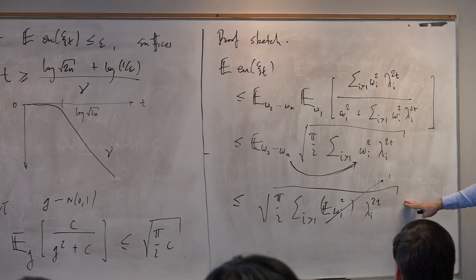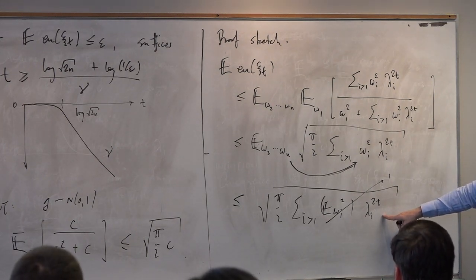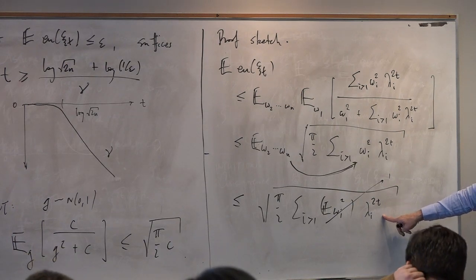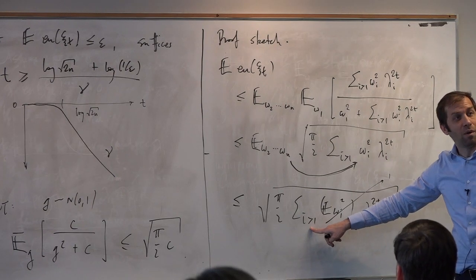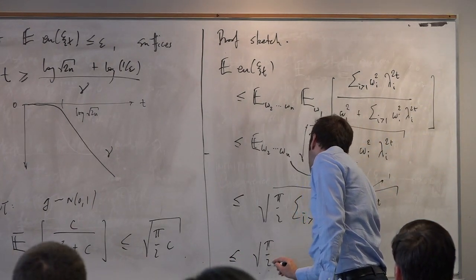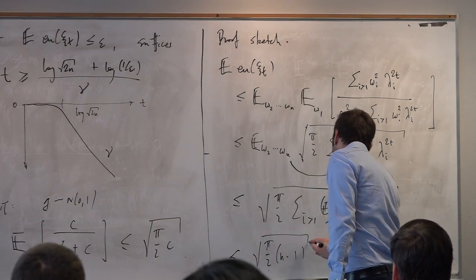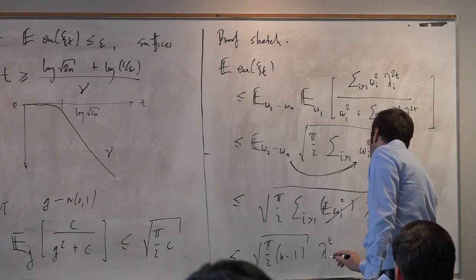And now I just need to clean up. So I'm going to bound the rest of these by lambda 2. I'm going to count the number of terms in the sum. And I'm going to obtain the bound root pi over 2 times n minus 1 times lambda 2 to the t.